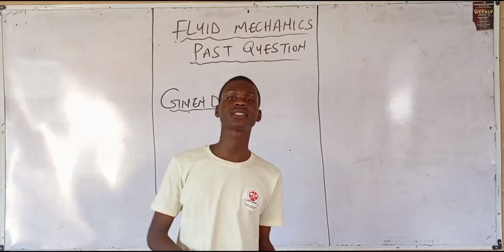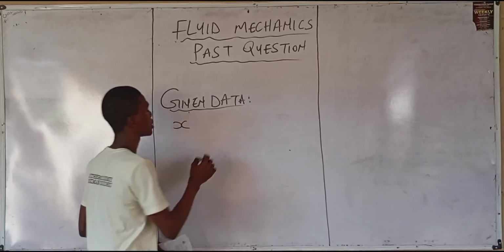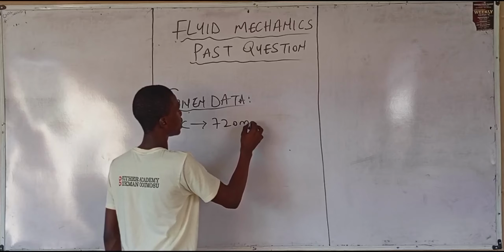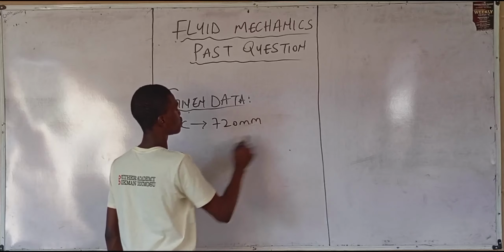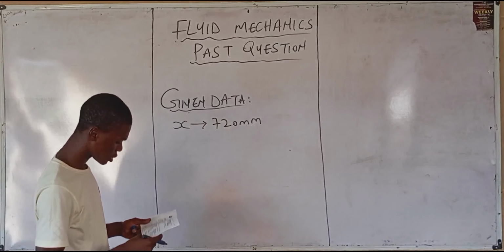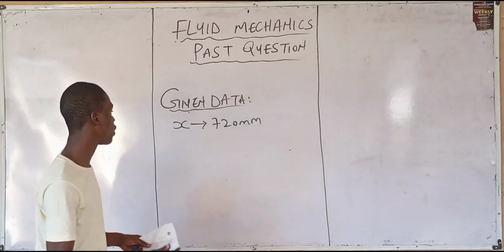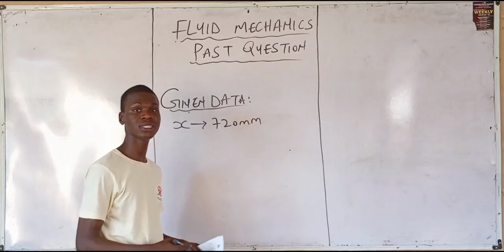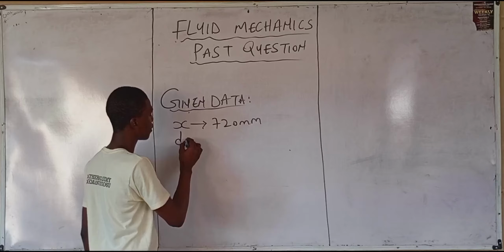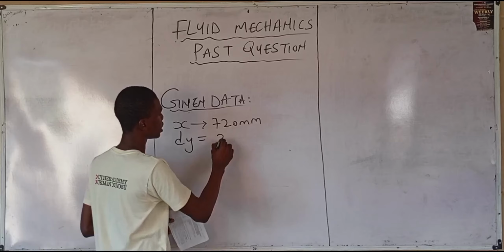we are given each size of the plate. Let's denote it as x, meaning x is given to be 720 mm. So x means each size of the plate, 720 mm. We're also given the thickness of the oil, dy, which is 20 mm.